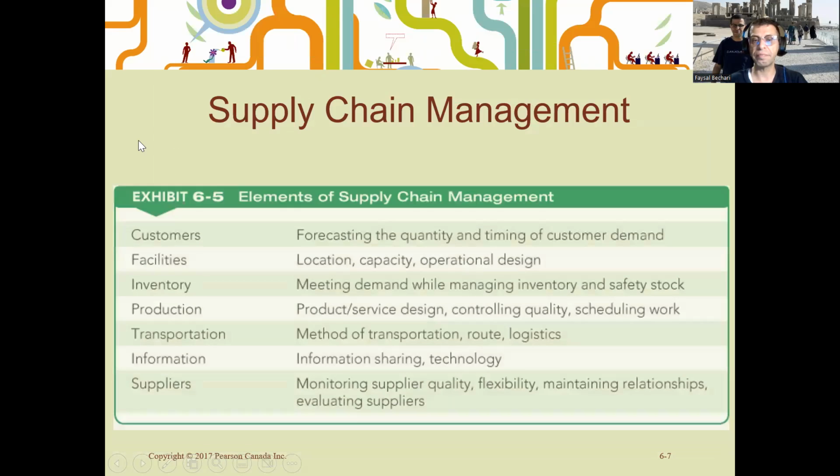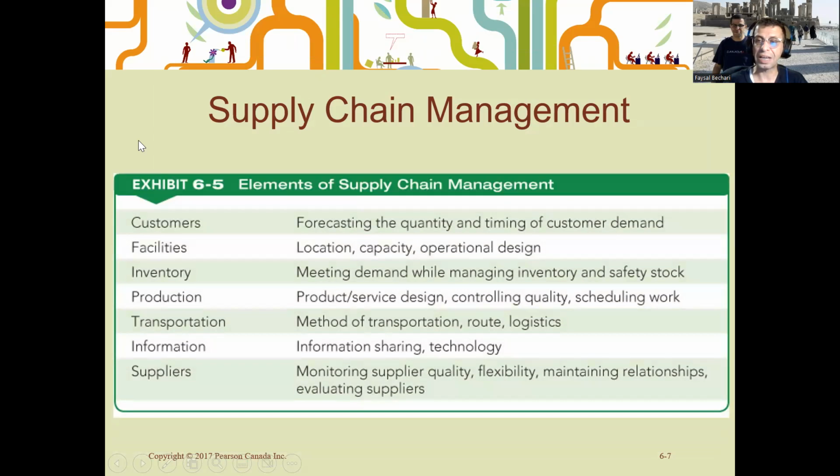Now, the elements of supply chain management are customers, facilities, inventories, production, transportation, information, and suppliers. For customers, it's forecasting the quality, quantity, and timing of customer demand. Facilities determine the location, capacity, and operation design.